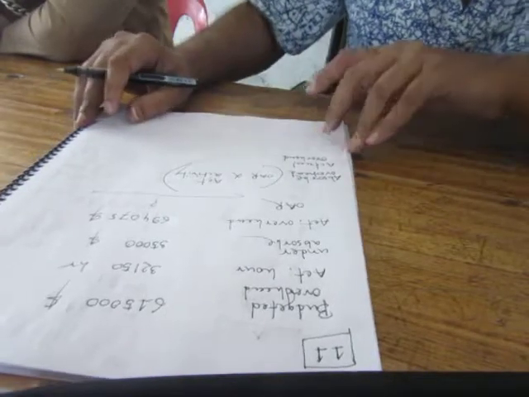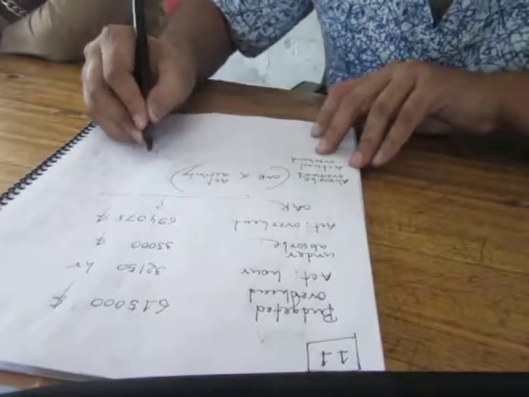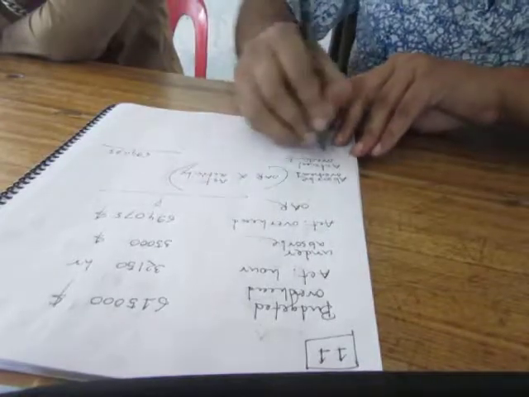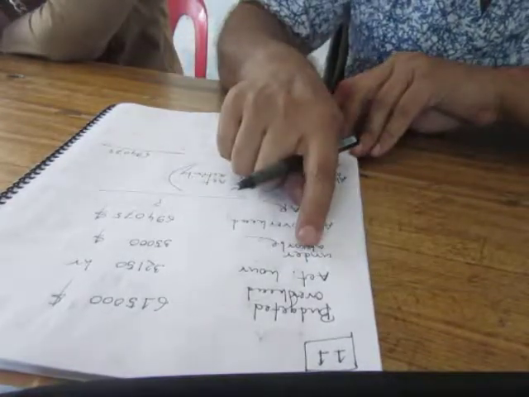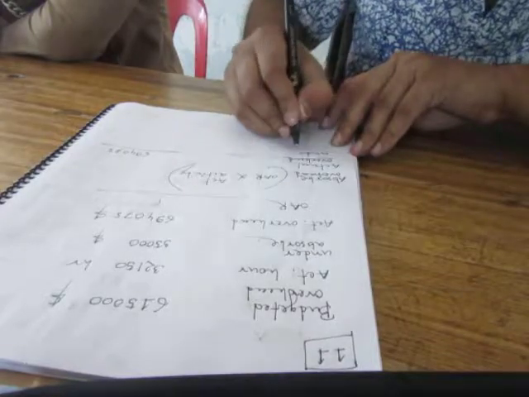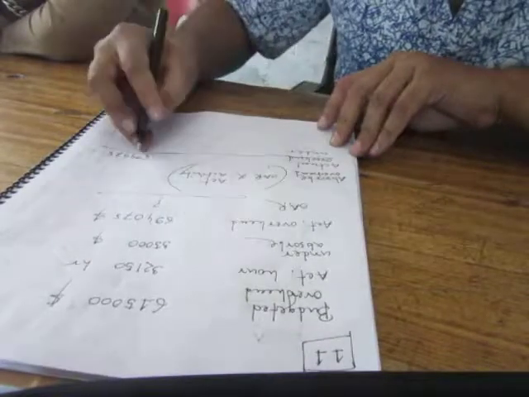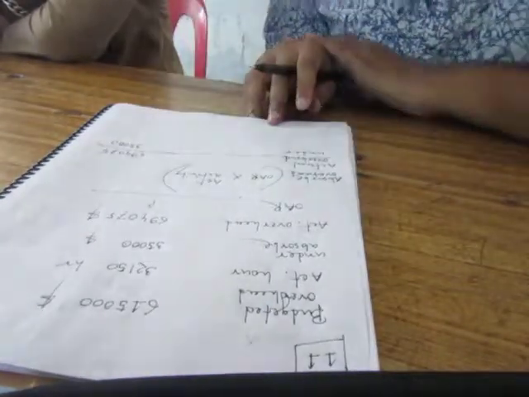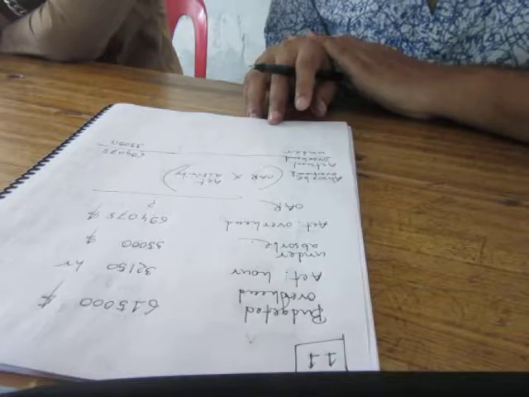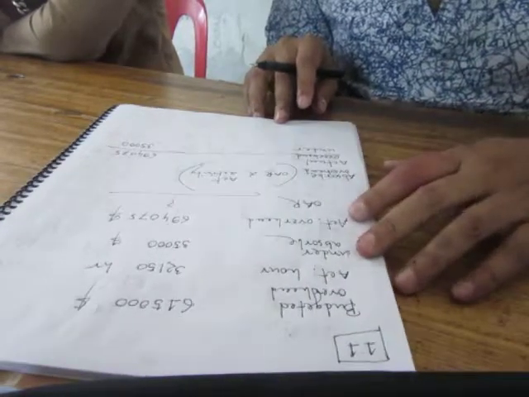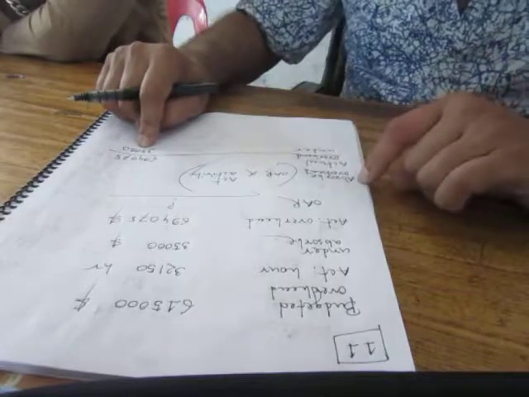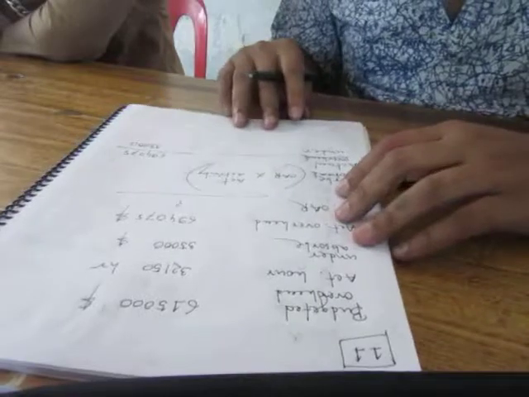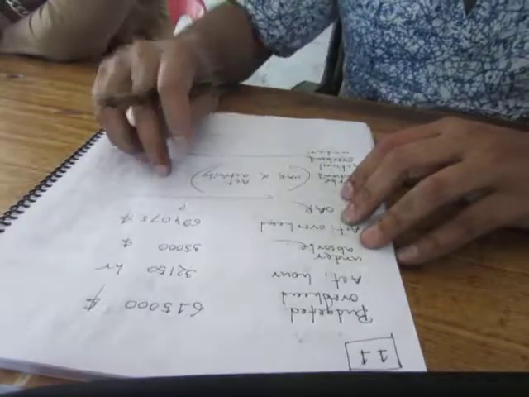Actual overhead: you are provided actual overhead 694,075, and after comparing we can find out the under or over. Here you are providing under absorbed, that means under absorbed is 35,000. So what does it mean? According to our conceptual part, under absorbed means our expectation was 35,000 under the actual, right? So we can find out this one.